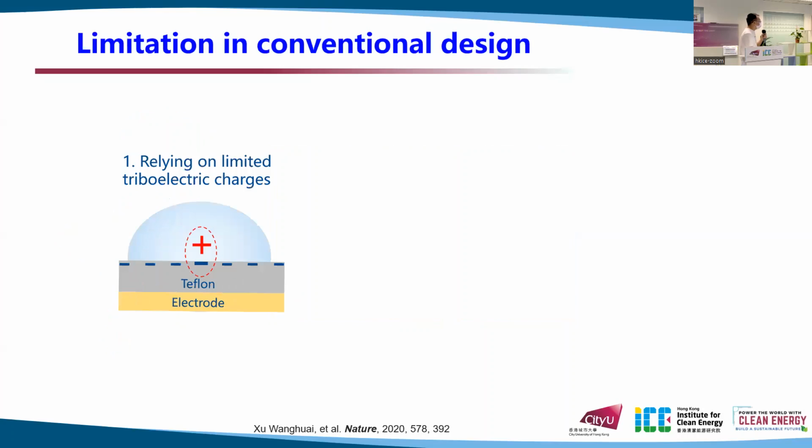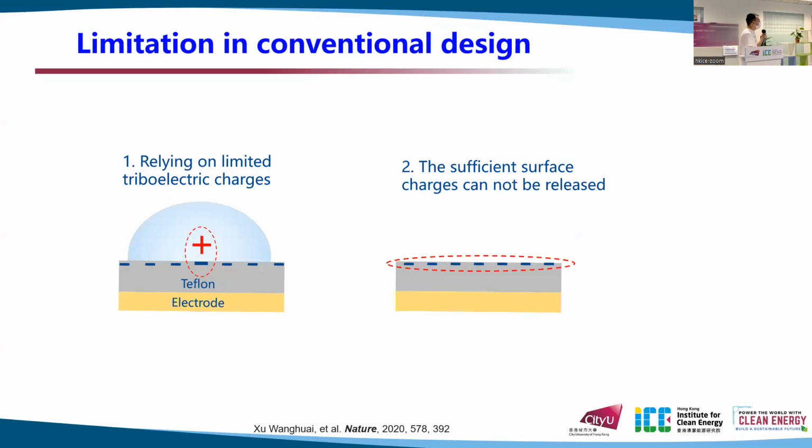This is because the conventional design uses the triboelectric charge, which is very limited. Although the solid surface stores sufficient charge, this charge cannot be fully used. So now the question is how to utilize this surface charge.